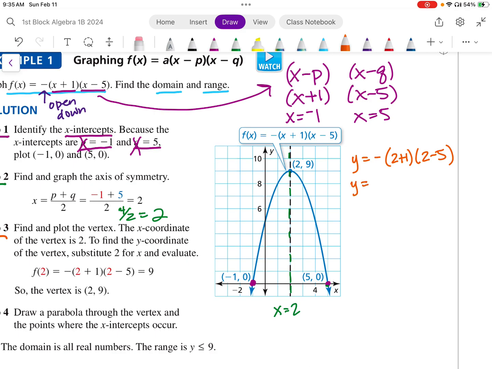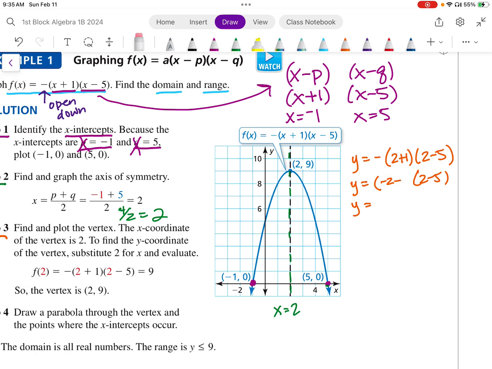Now, I'm going to distribute my negative first. Negative 1, this is kind of like an invisible one here, times 2 is negative 2. Negative 1 times 1 is negative 1. Oh, don't do that.